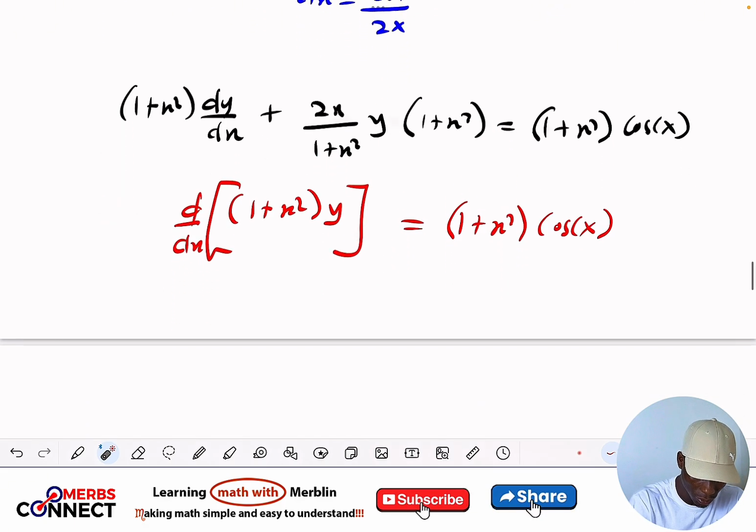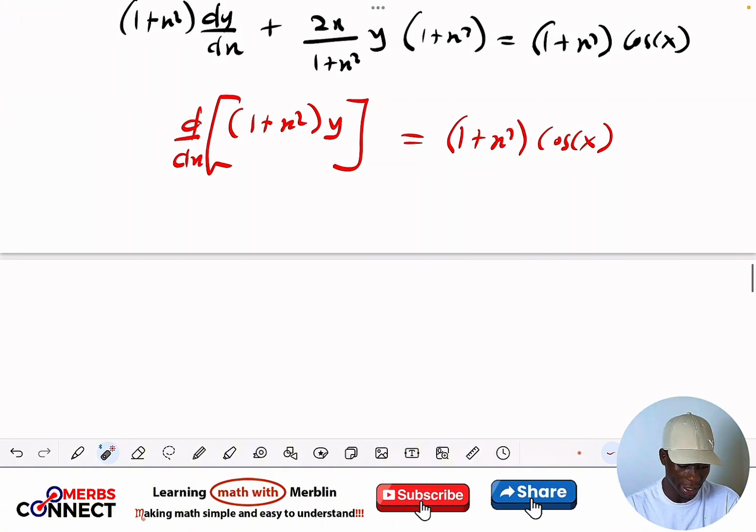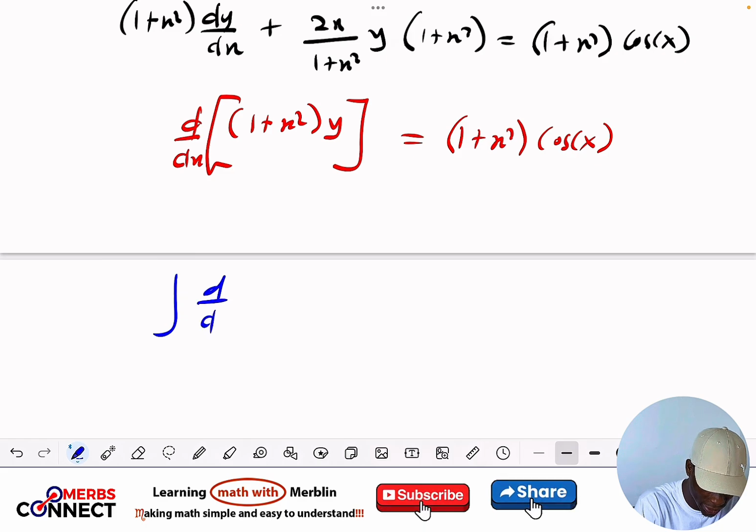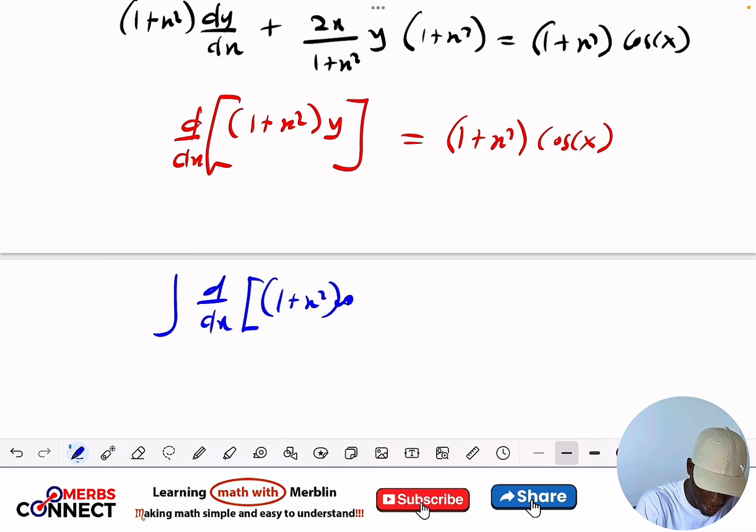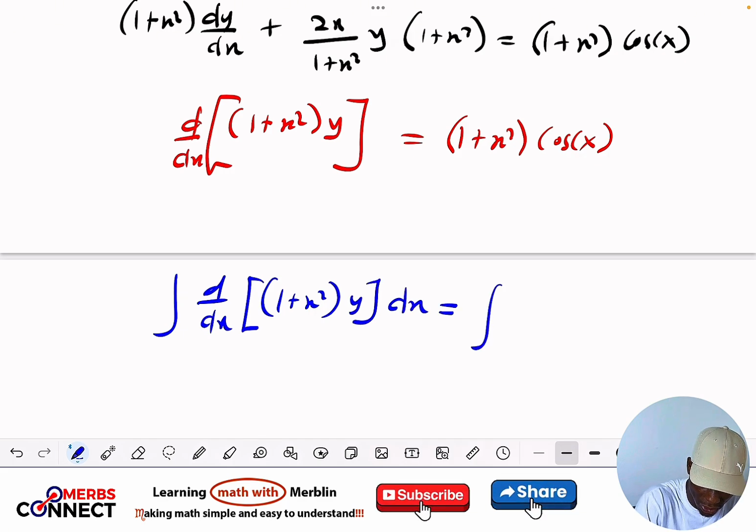Good. So now let's integrate both sides with respect to x. So I'm going to have the integral of 1 plus x squared times y dx on the left, and the integral of 1 plus x squared cos of x dx on the right.